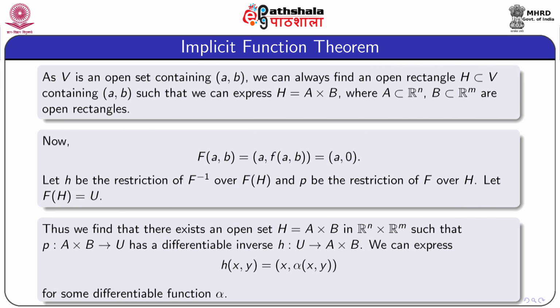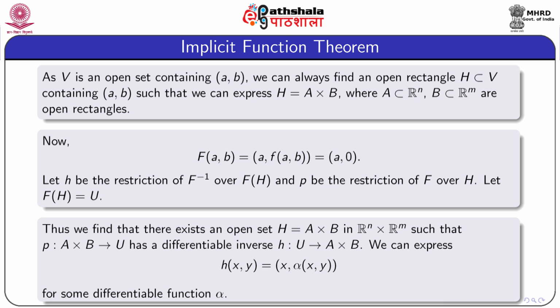As V is an open set containing (A, B), we can always find an open rectangle H subset of V containing (A, B), and we can express H equal to A cross B, where A is an open rectangle in Rn and B is an open rectangle in Rm. Now, capital F(A, B) equals (A, small f(A, B)), so this equals (A, 0). Let small h be the restriction of capital F inverse over F(H) and P be the restriction of F over H. Let F(H) equal to U.